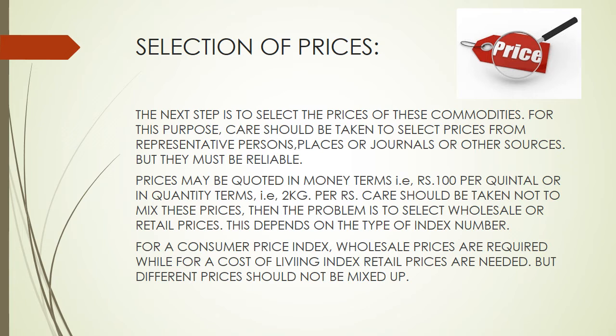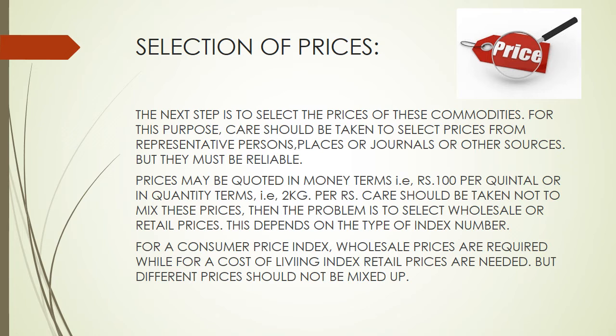So for a consumer price index, the wholesale prices are required. When we consider, in order to find the consumer price index, that is CPI, we go with the wholesale prices, because the maximum number of consumers buy commodities at wholesale prices.